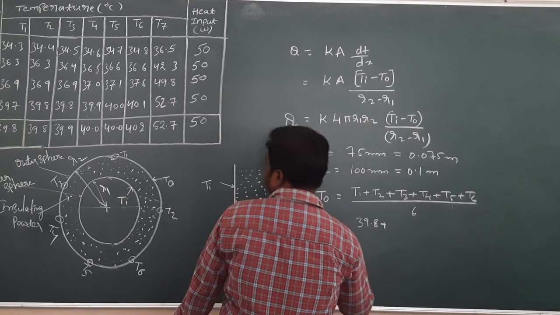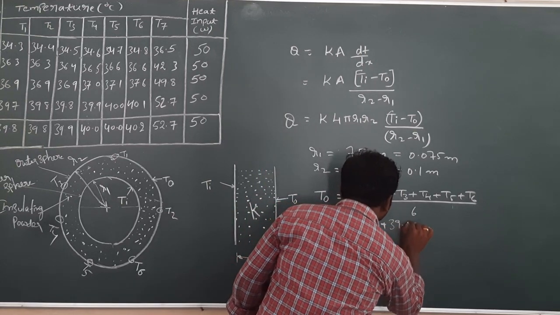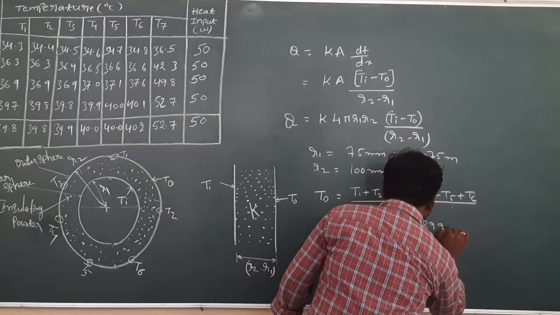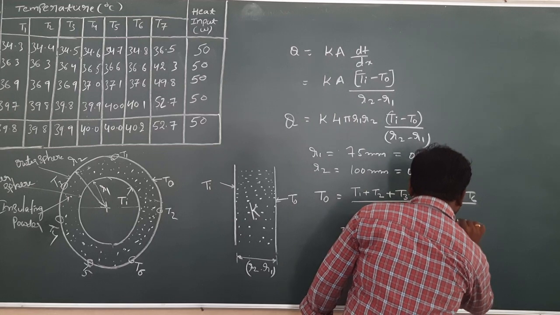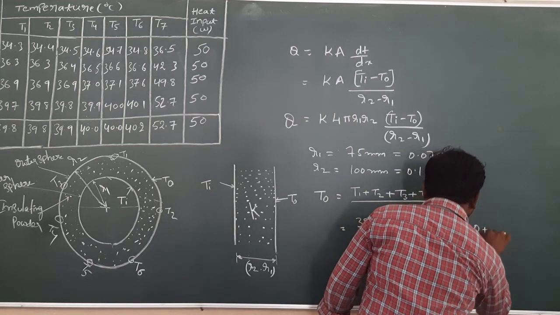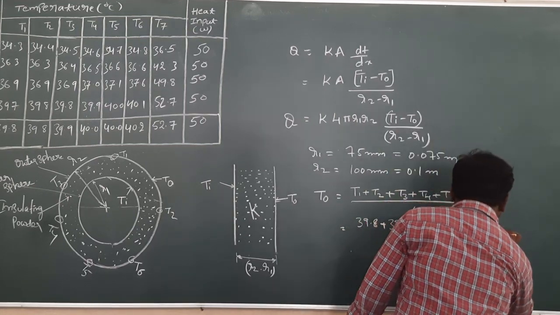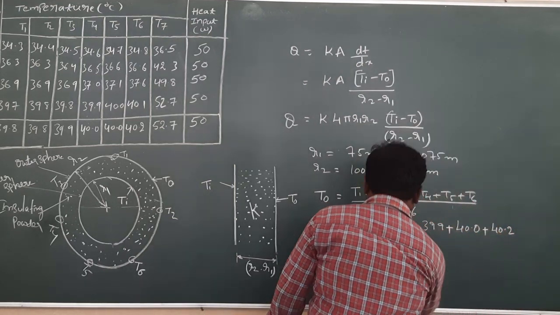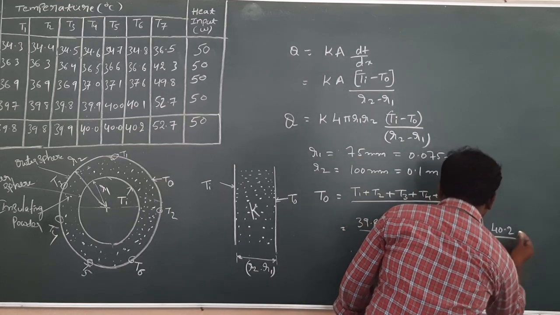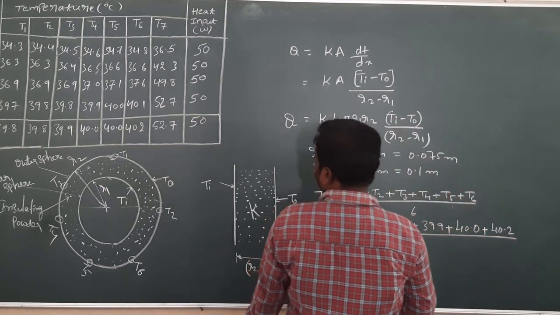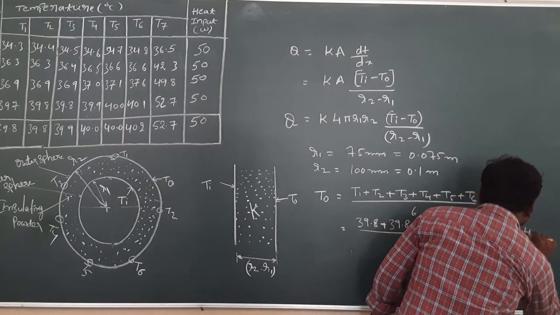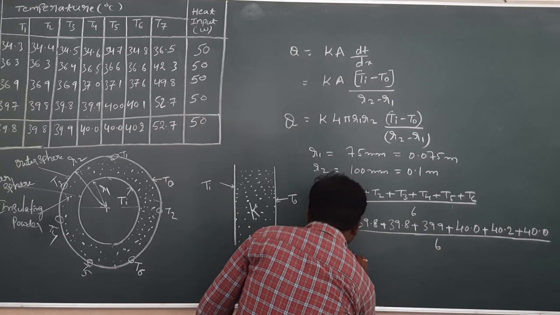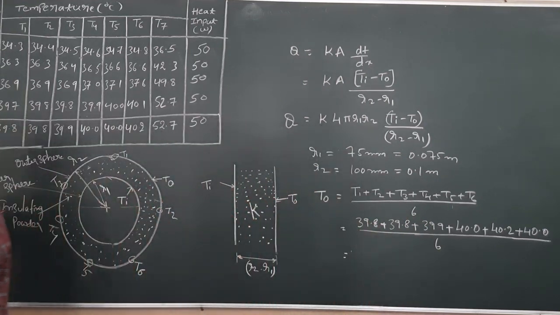39.8 plus 39.8 plus 39.9 plus 40.0 plus 40.2 plus 40.0, divided by 6. Calculate this by using the calculator.